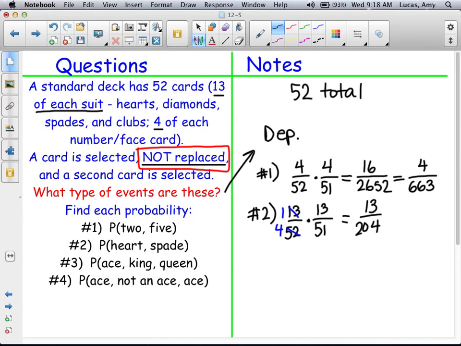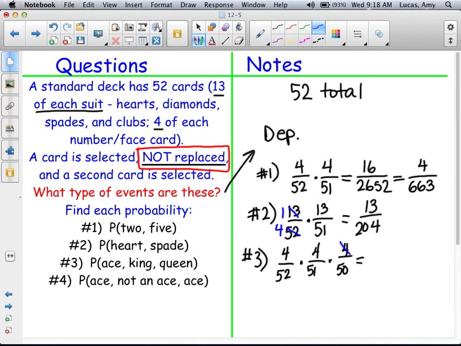Number 3, ace, king, queen. There are 4 aces out of 52. There are 4 kings out of 51 cards left. And then there are 4 queens out of 50 cards left. I'm going to reduce this one ahead of time. So I like working with smaller numbers.